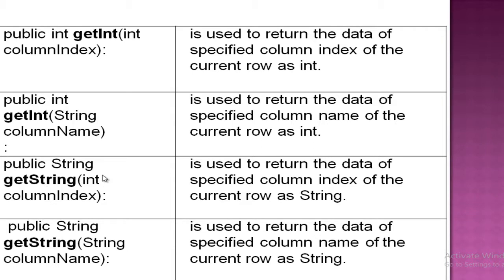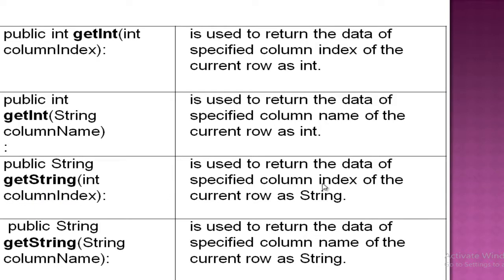Next, getString integer column index. That is used to return the data of the specific column index of the current row as a string. Here we can get the column name, right, and getString integer column index.